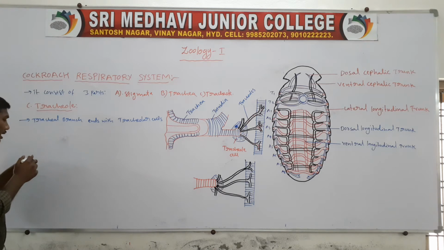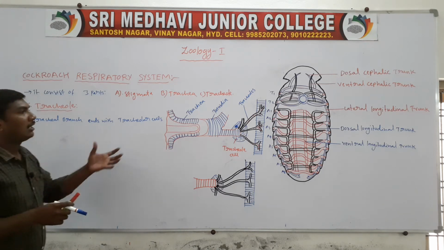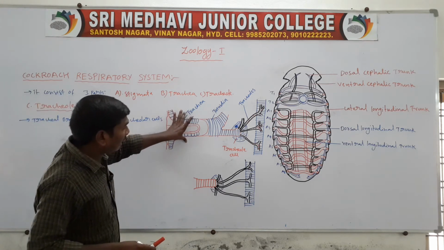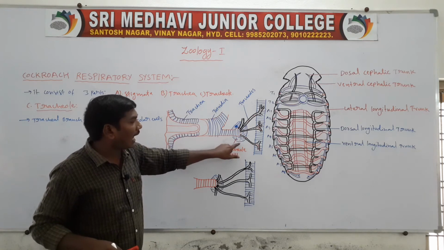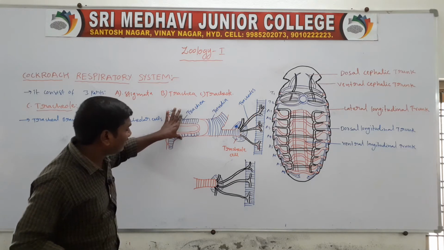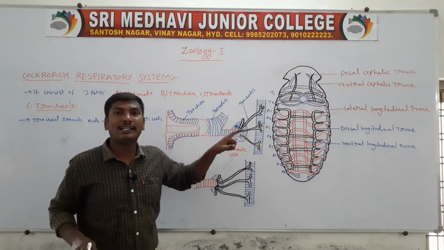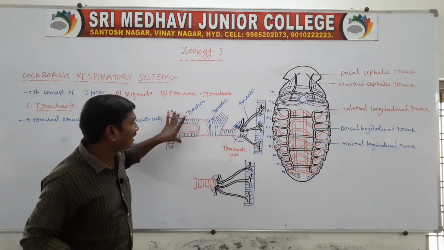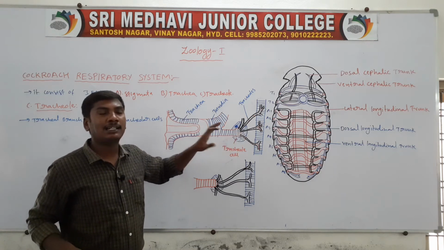So the tracheal branches end with the tracheolar cells, and these are the tracheolar cells.